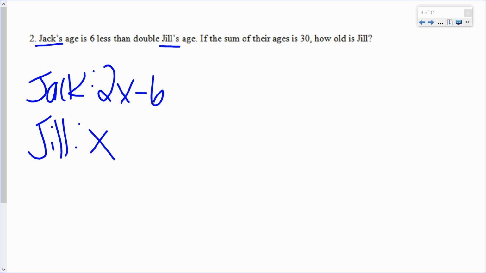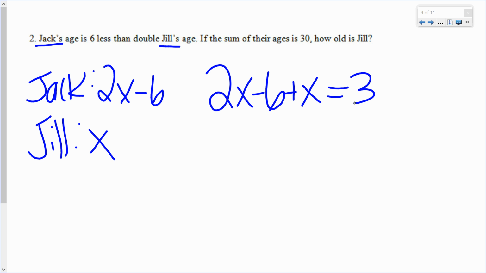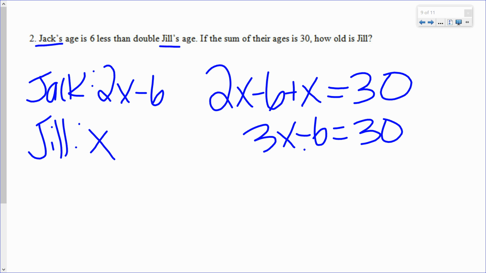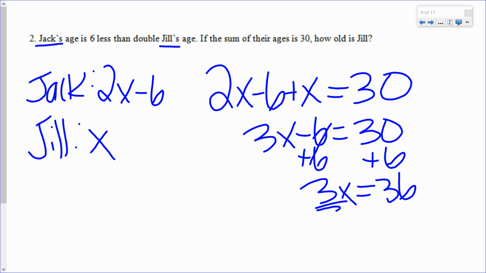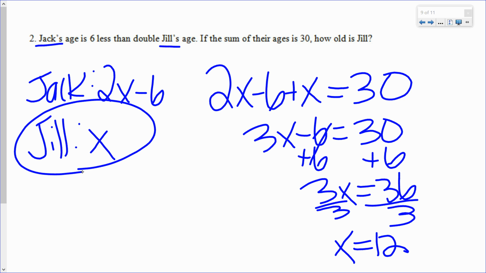If the sum of their ages is 30, that means that Jack's age plus Jill's age is equal to 30. From here, we do the algebra to get x by itself. And when I do the algebra, I get x to be 12. It's asking for Jill. Jill is 12.